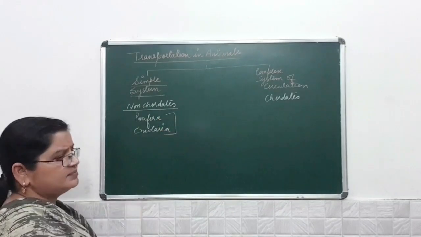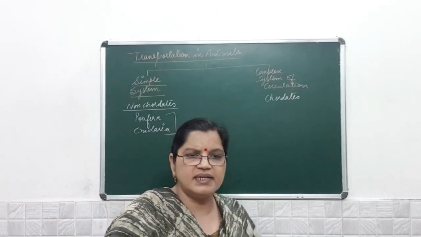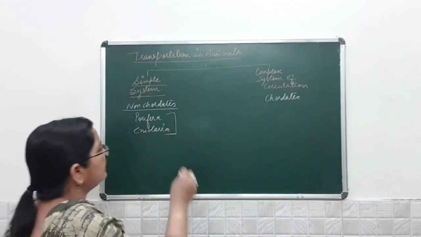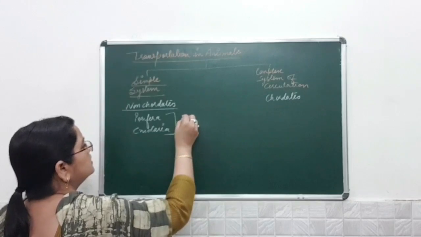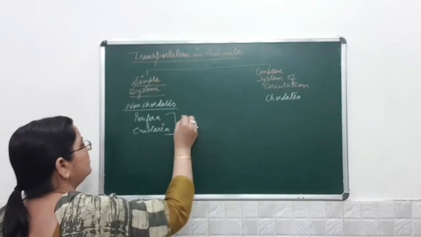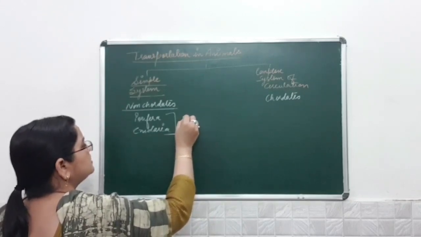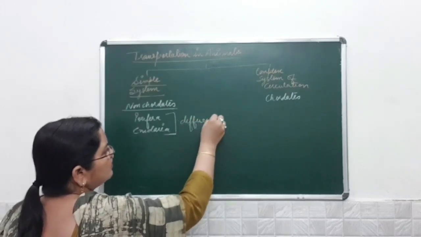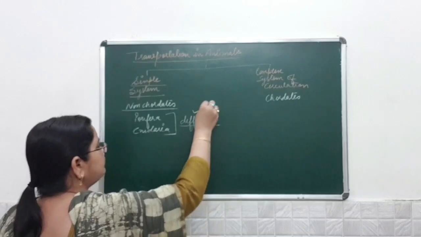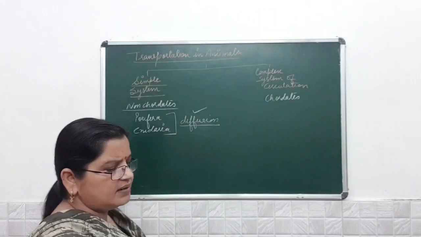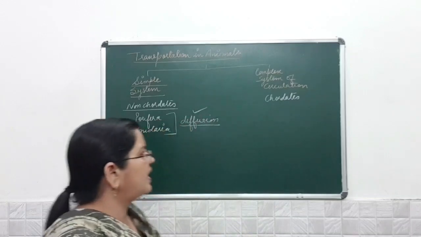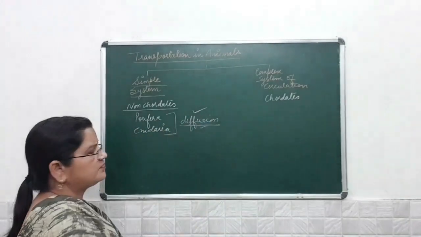Organisms of these two phylums only have the method of circulation through diffusion. Transportation of material occurs in these animals simply by diffusion.